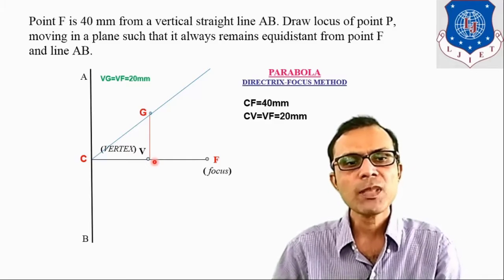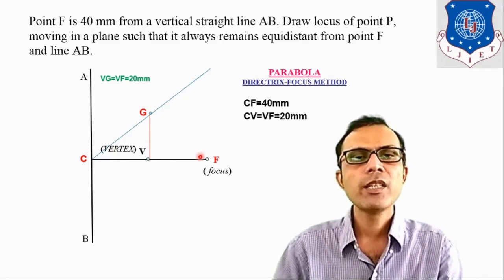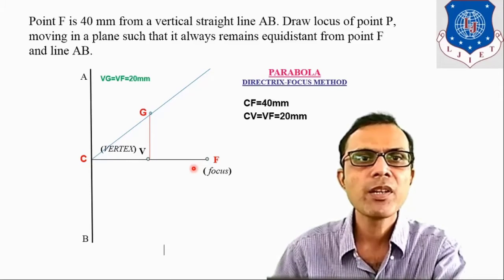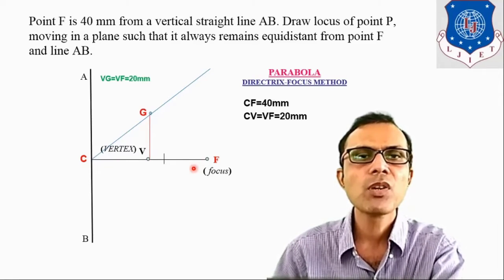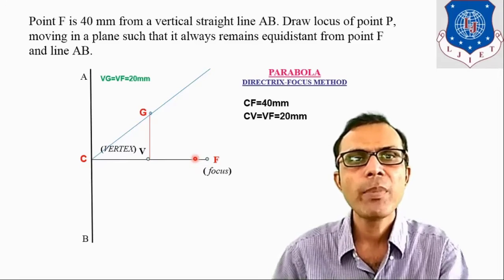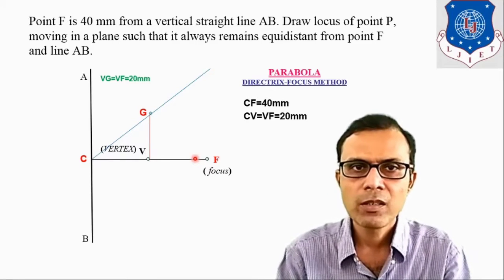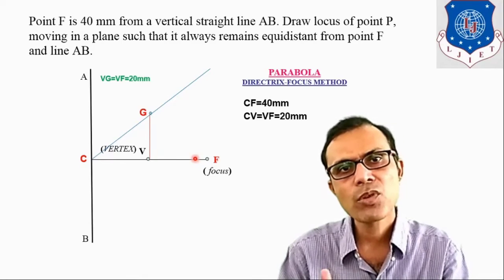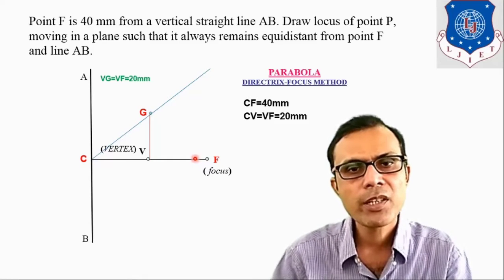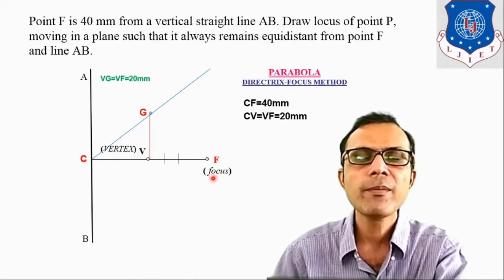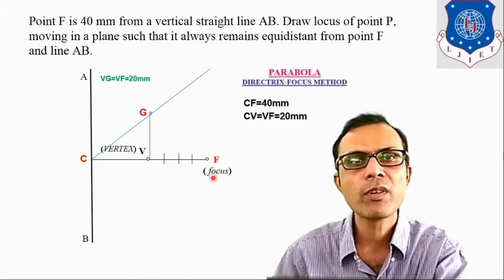Now we have to consider the distance VF and divide this dimension into a number of equal divisions. It depends on the dimension how many divisions we should make. All the divisions should be at equal distance. So in this case let us divide the VF dimension into 4 equal divisions.